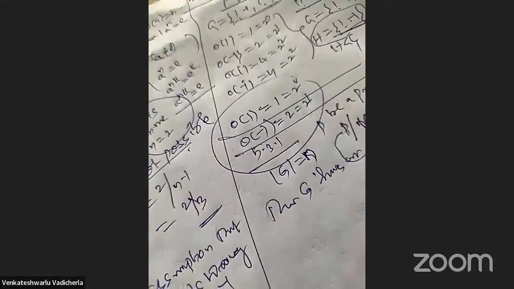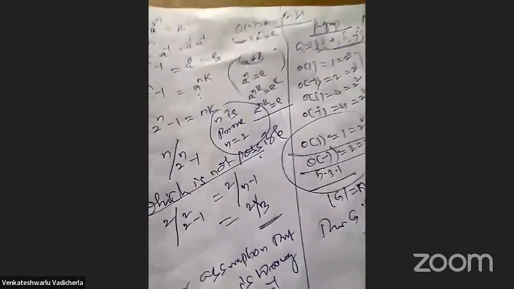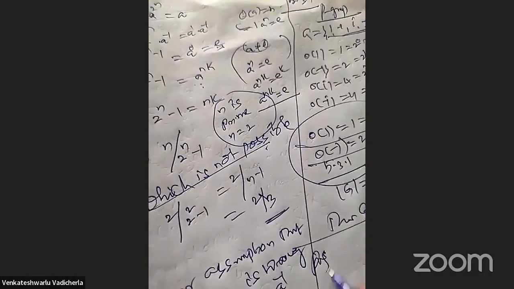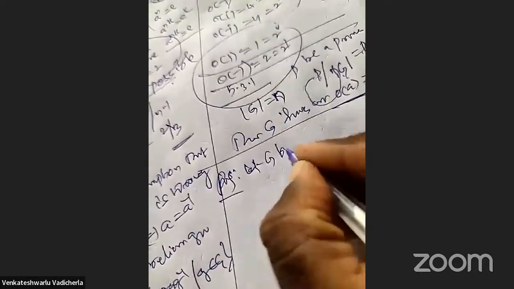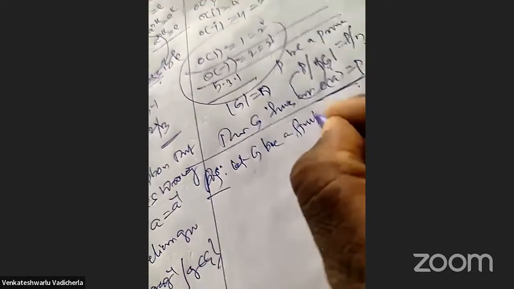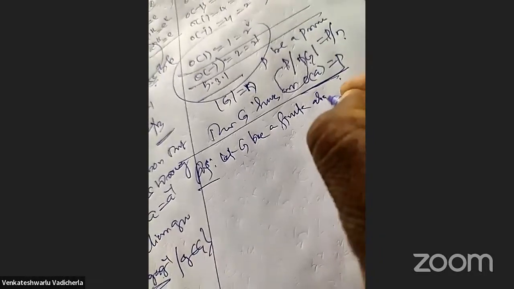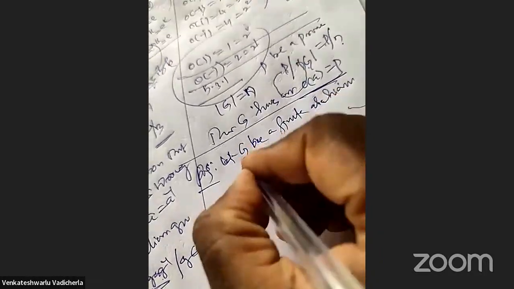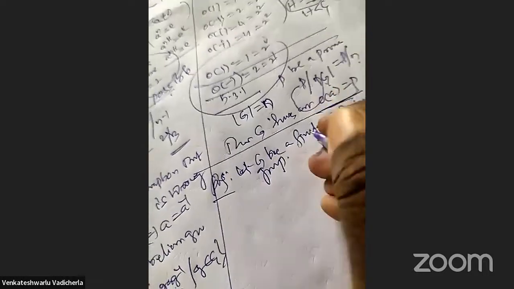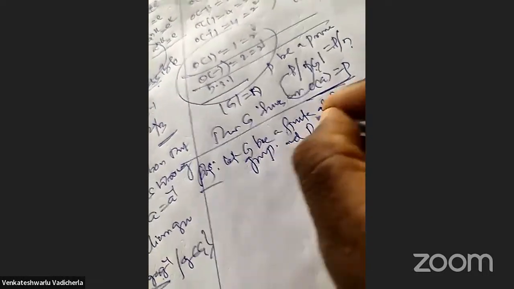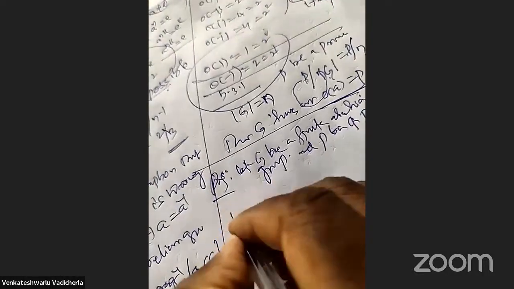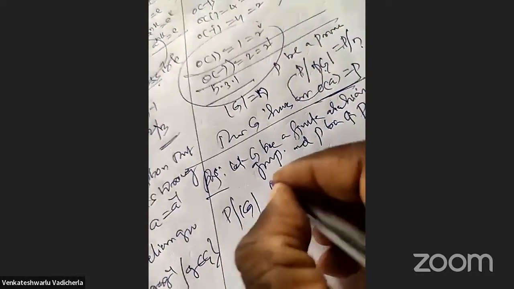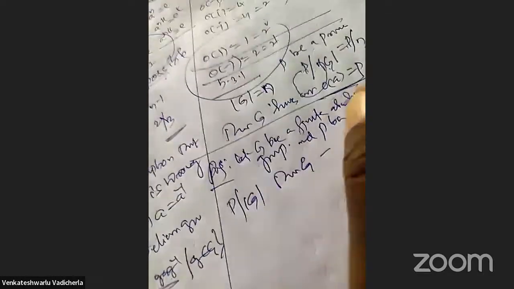G is a finite Abelian group. Now we have the proof of the theorem. Proof: let G be a finite Abelian group and p be a prime such that p divides the order of G. Then G has an element of order p.